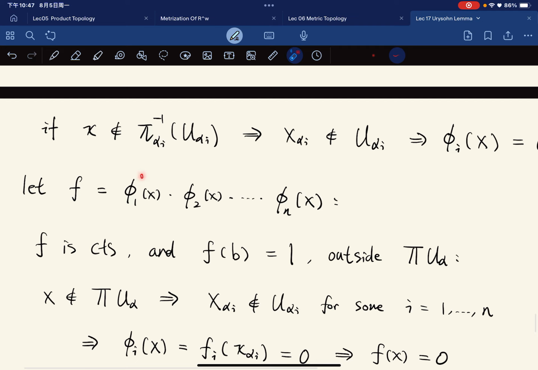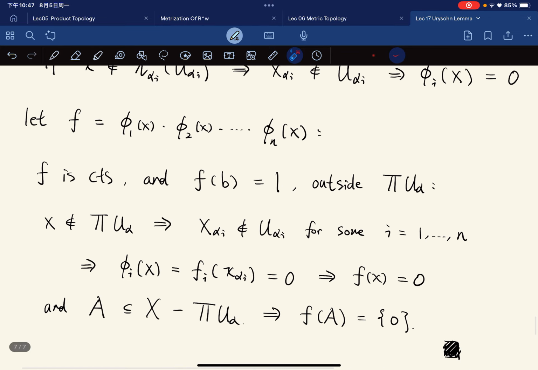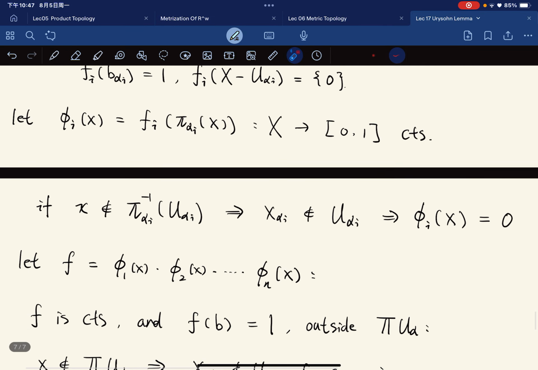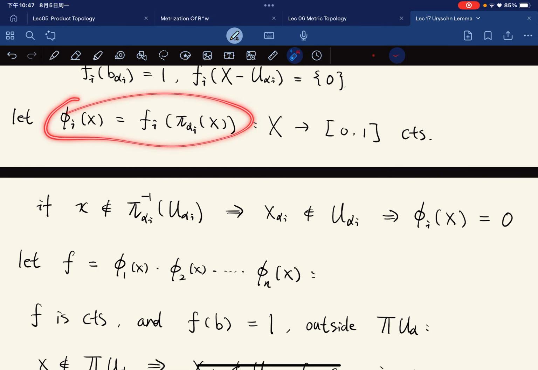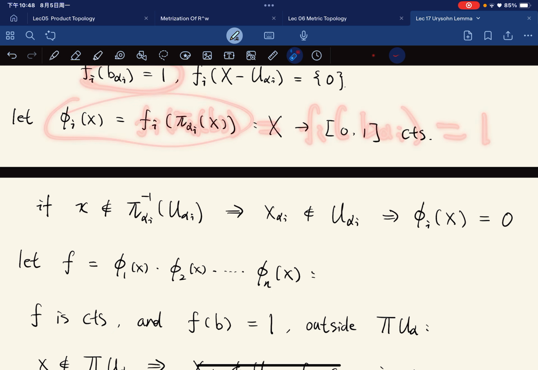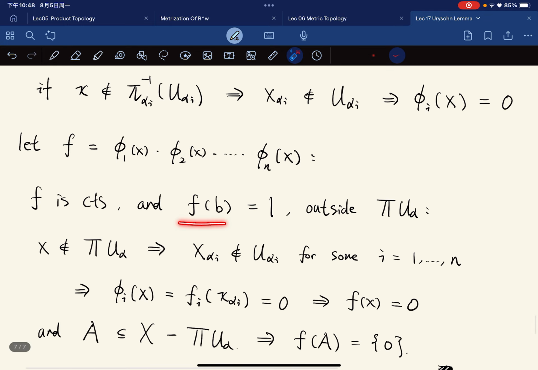This will be 1 times 1 times 1, because f_i of pi alpha i of b is equal to f_i of b alpha i, which is equal to 1. So f of b is equal to 1.